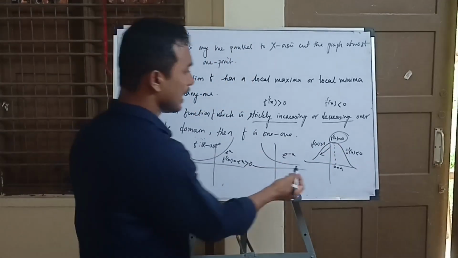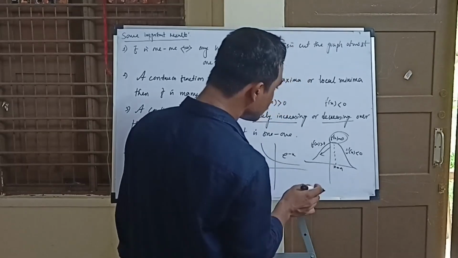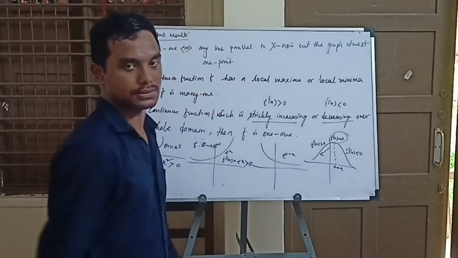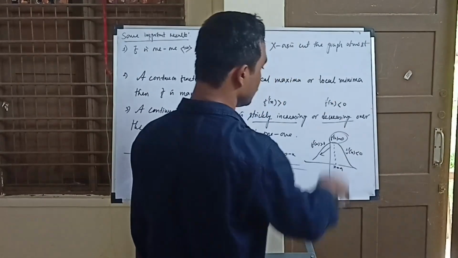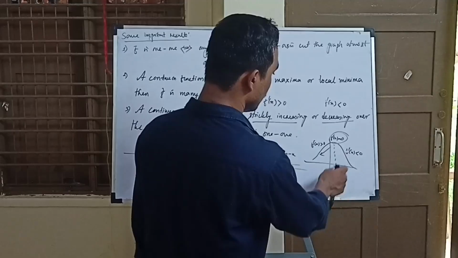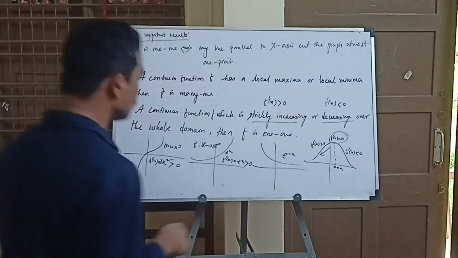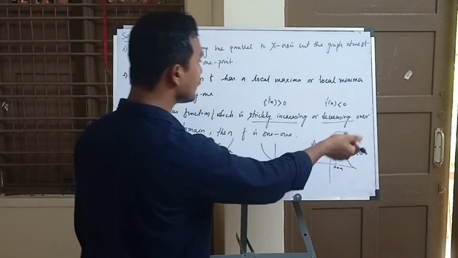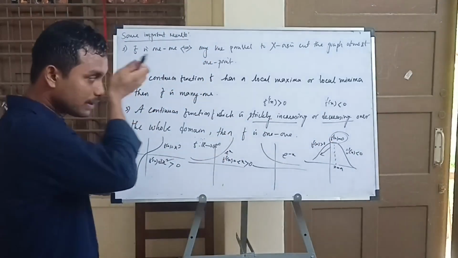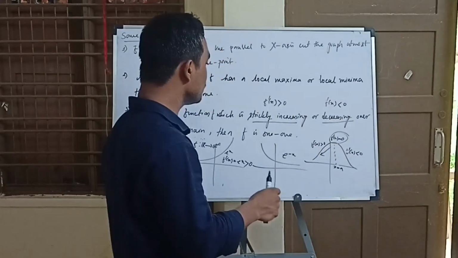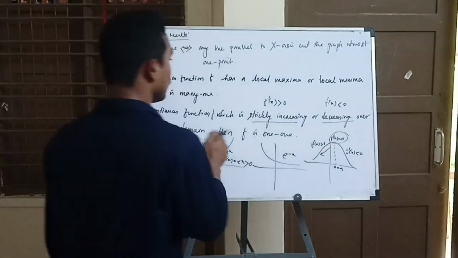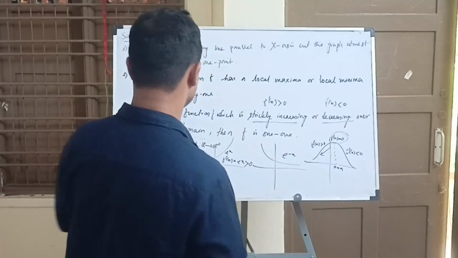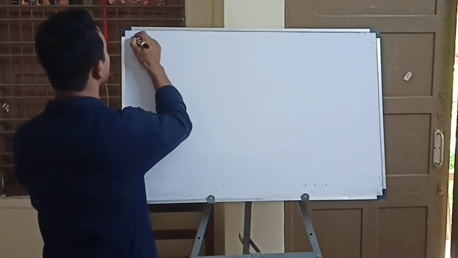That means at x equal to a, the tangent to the curve of f is parallel to the x-axis. That's why it attains a maximum at x equal to a. A function f which is strictly increasing or decreasing over the whole domain, not simultaneously increasing and decreasing, either increasing or decreasing over the whole domain, is called a one-one function. Let's move to the definition of onto functions.